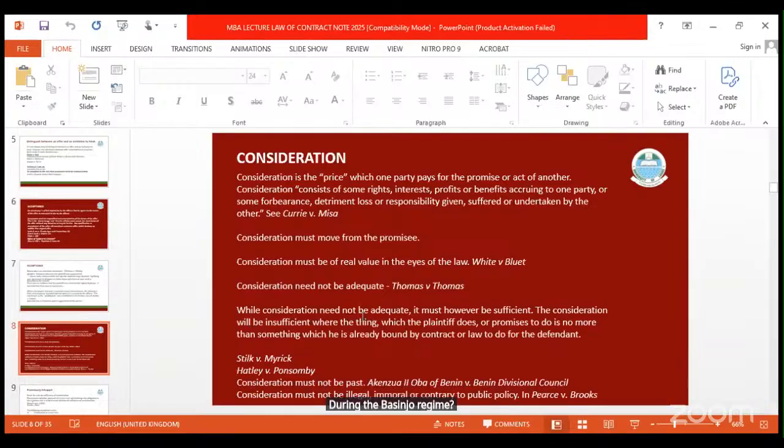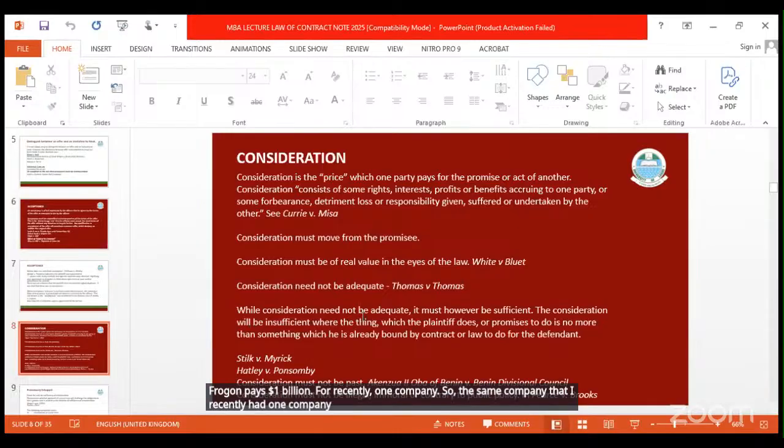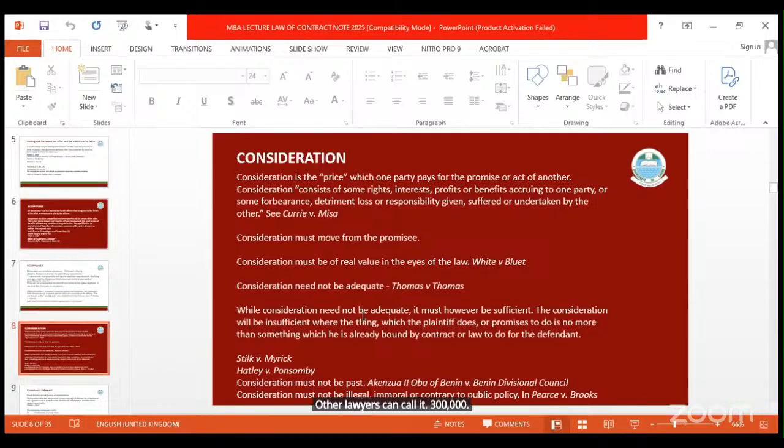Obasanjo regime, Alfred Babalola, who has a university now, registered a company for the federal government and he was paid 1 billion. The federal government paid him 1 billion for registering one company. The same company that will register one company in Nigeria, other lawyers can collect 300,000. But he was paid 1 billion.